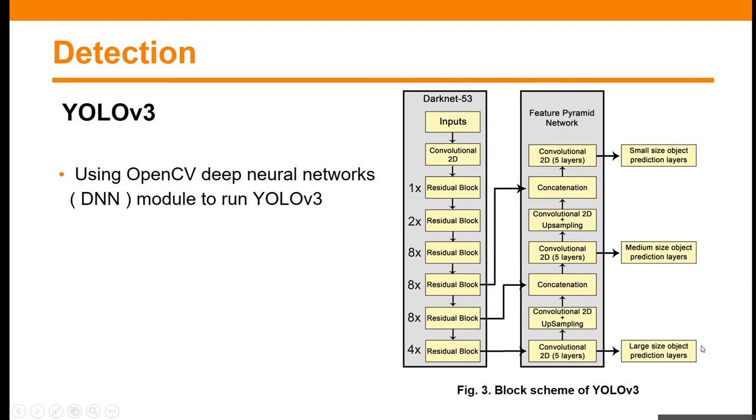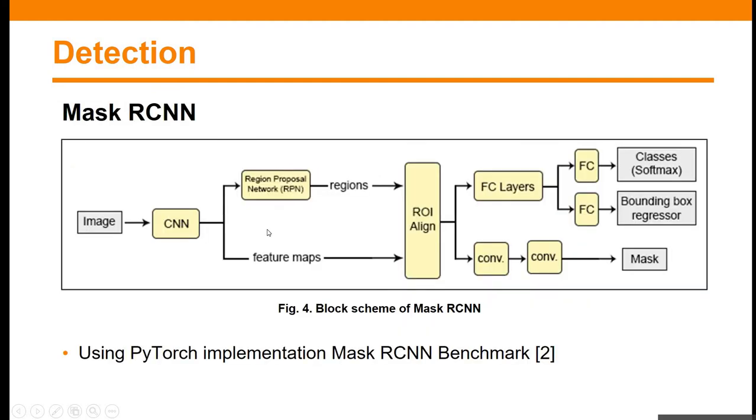And in the third stage we have predictions for large, medium and small size objects, and we combine all these to get a final output. For the implementation, I am passing the YOLO v3 pre-trained weights and configuration file into the deep neural network module of OpenCV.